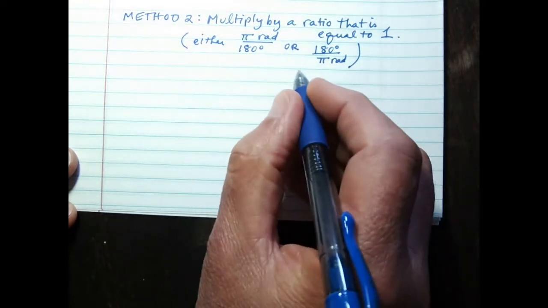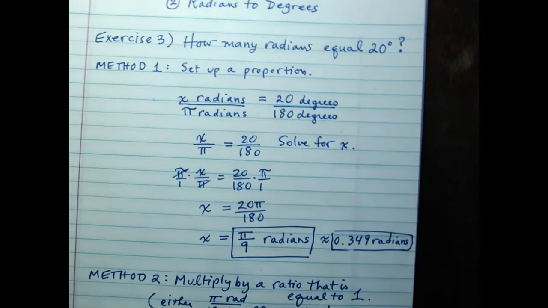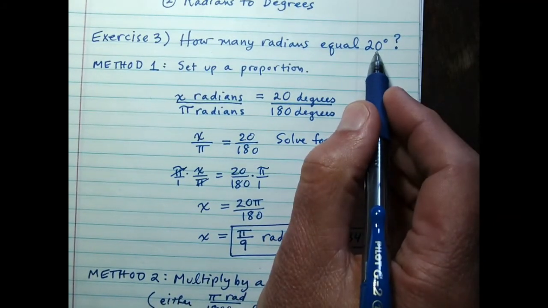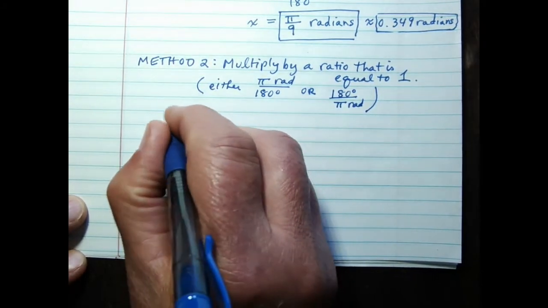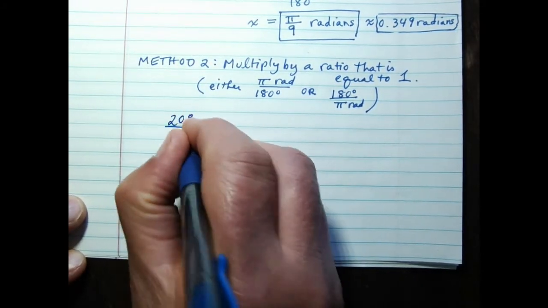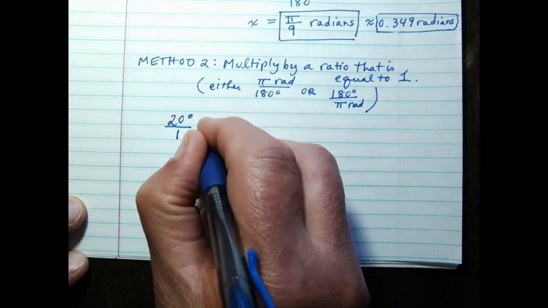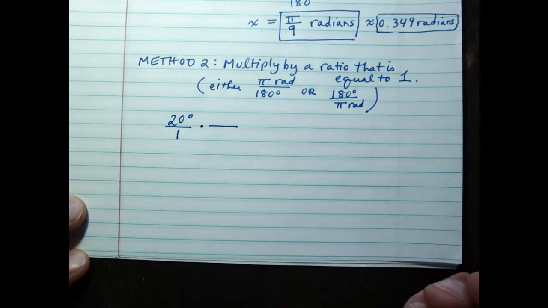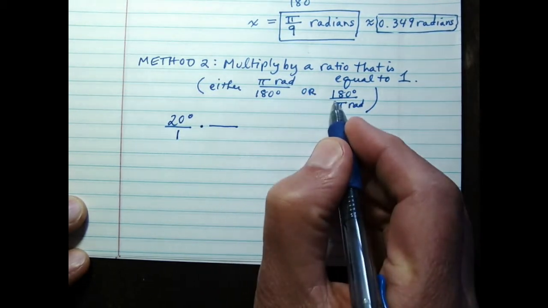So the way this problem would work, remember, we're still converting 20 degrees to radians, right? So I start out with 20 degrees. And you can write it over 1 because we're going to have fractions involved here. And I want to multiply by a ratio equal to 1. I want to pick either one of these two.